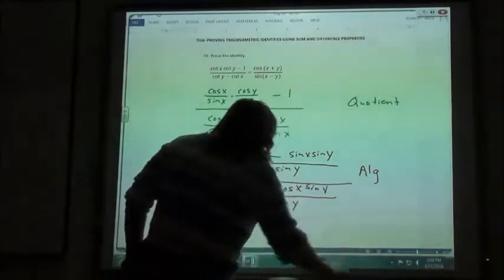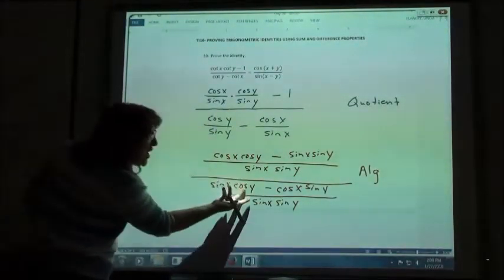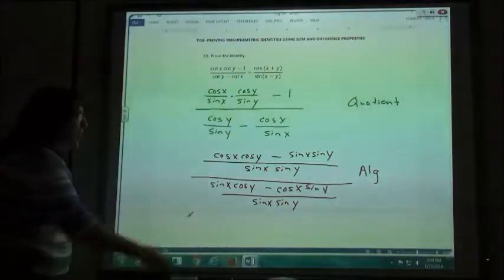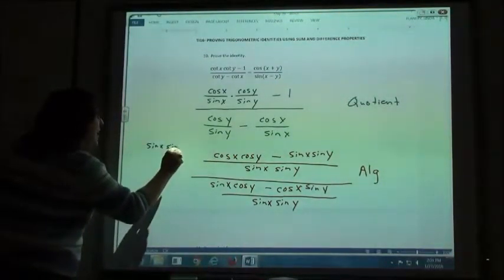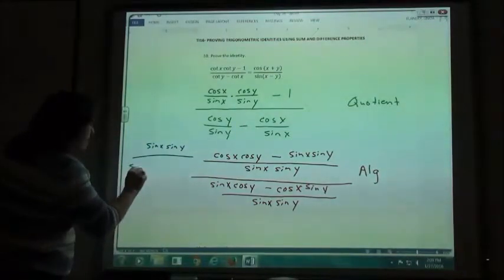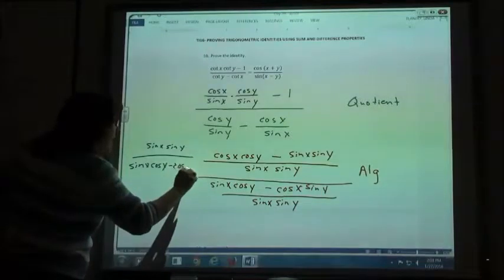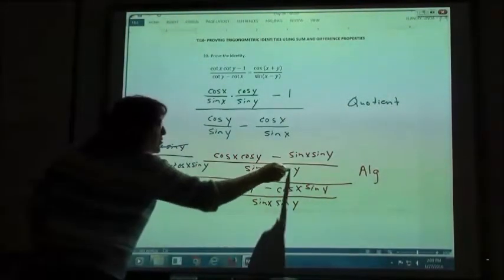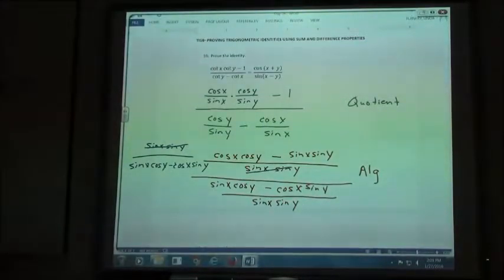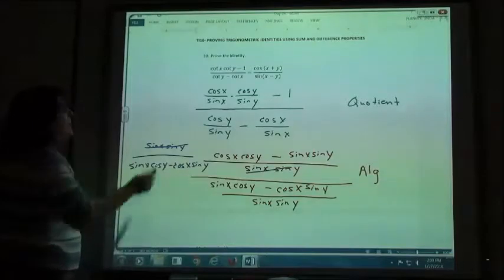But my next step, I have one fraction divided by another fraction. I can invert and multiply. So this is going to be sine of x, sine of y, over sine of x, cosine of y, minus cosine of x, sine of y. And then I'm going to be able to cancel that out. And so I'm going to end up with this on top, this on the bottom.